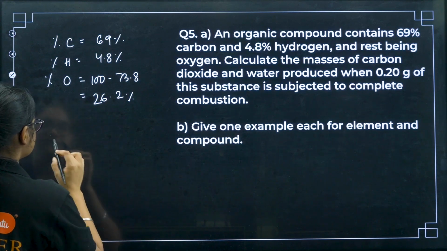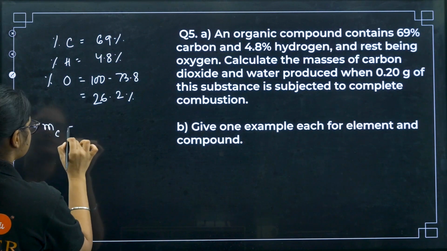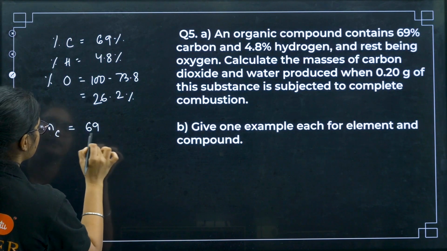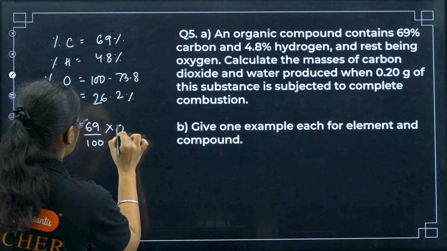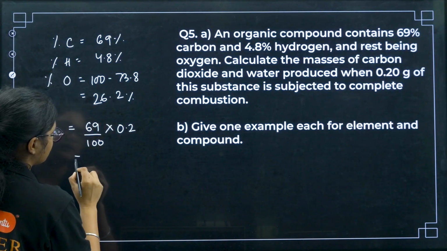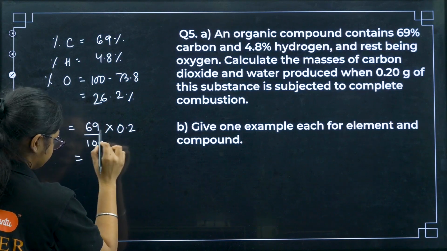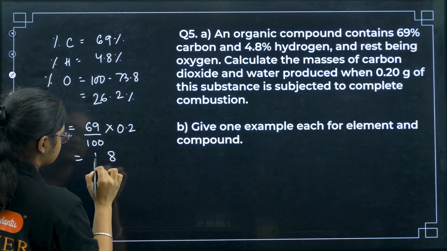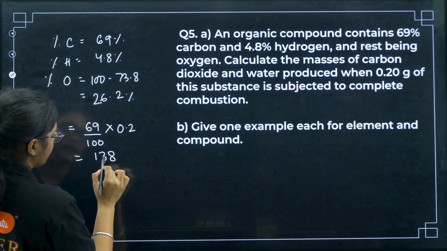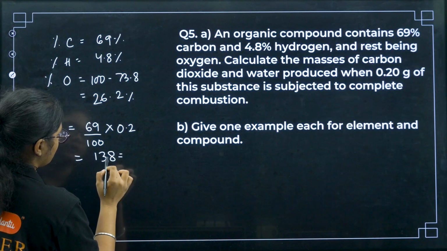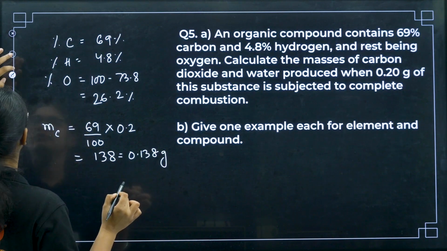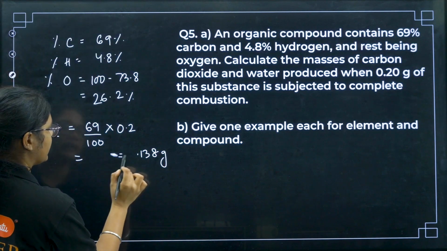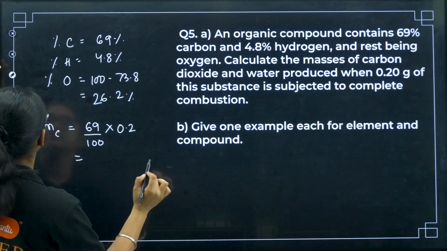That means the mass of carbon is 69% of 0.2 gram. 2 9s are 18, 2 6s are 12 plus 1 is 13. Then I have 0.1 here, so 0.138 gram. Out of 0.2 gram, 0.138 gram is your mass of carbon.